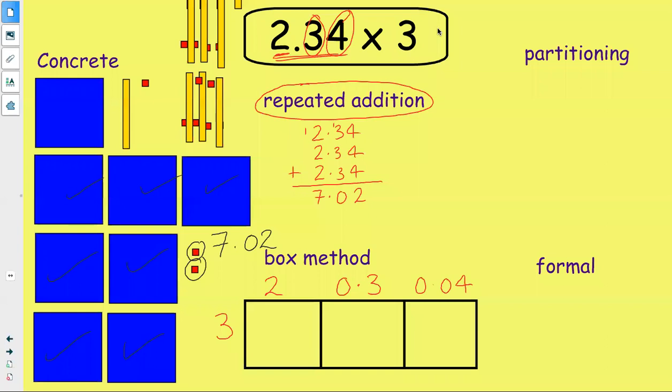So 2 multiplied by 3 is 6. 3 multiplied by 0.3 is 0.9. And 3 multiplied by 0.04 is 0.12.